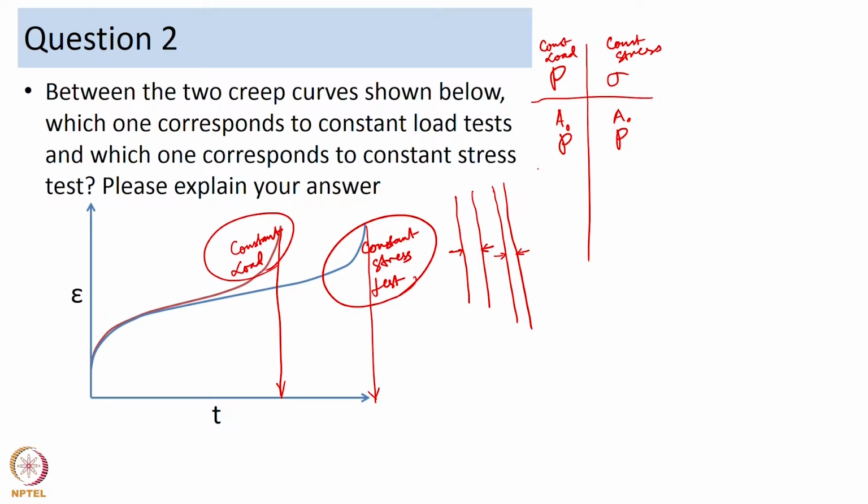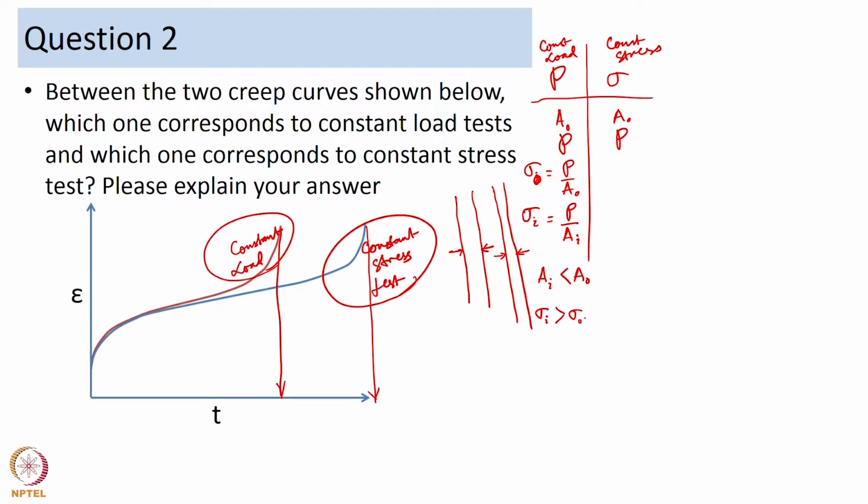The initial stress for a constant load test is P over A naught, let us call it sigma naught. The stress at any point, sigma i, is P over A i, and since A i is going to be lower than A naught on account of the material extending, sigma i is going to be greater than sigma naught.